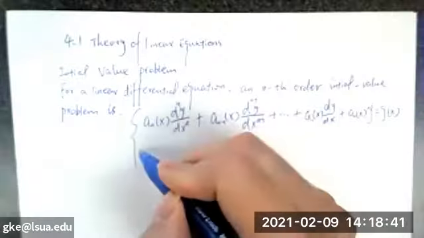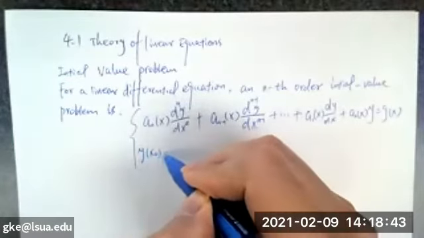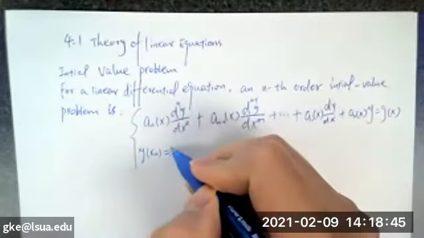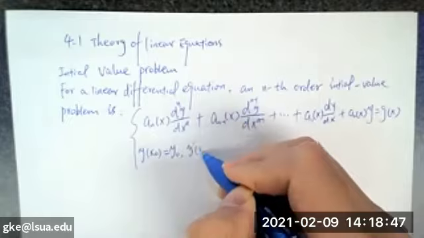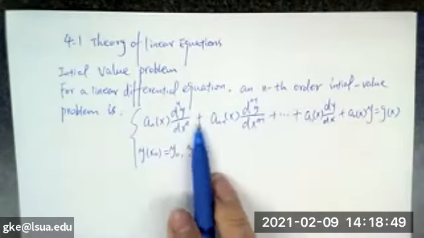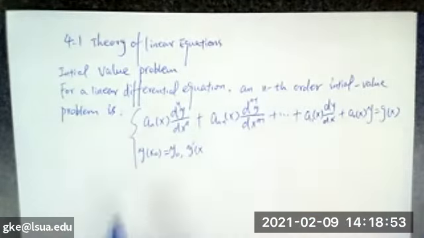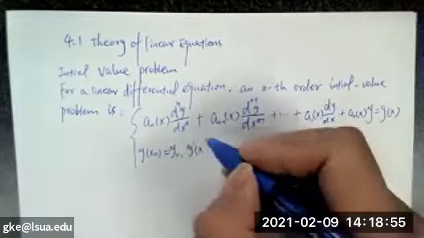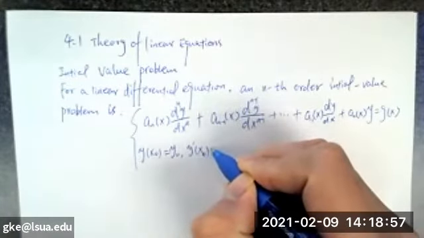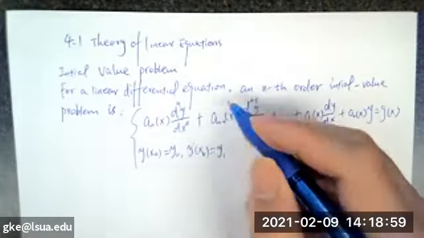And of course, we have y(x0) = y0, y'(x0) = y1, and so on. For the nth order, we're supposed to have n initial conditions, right?